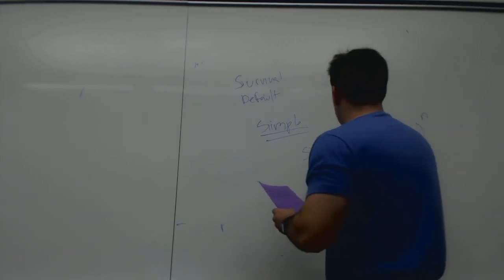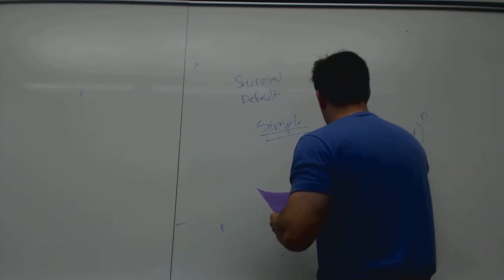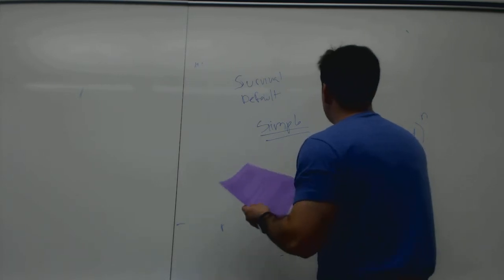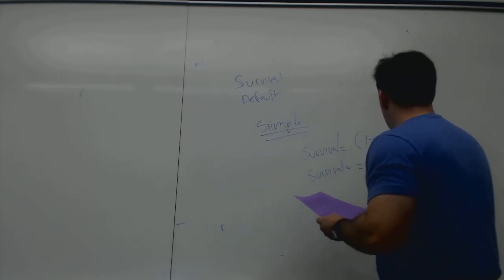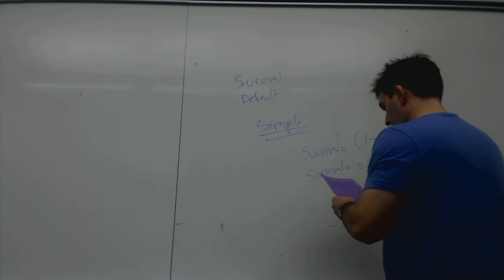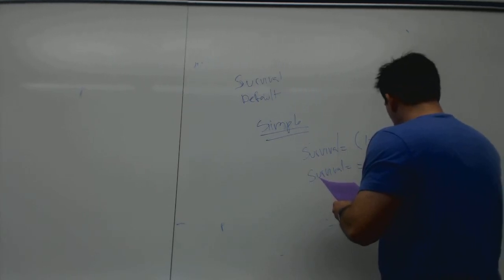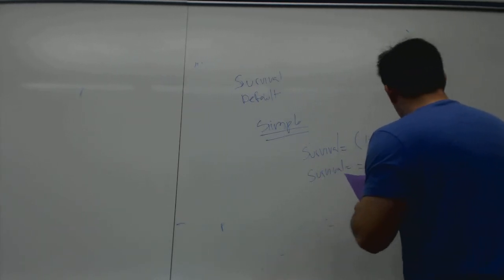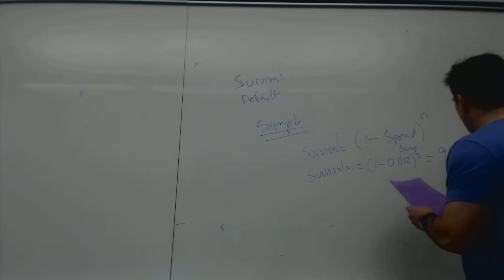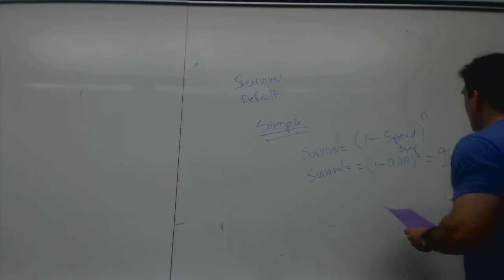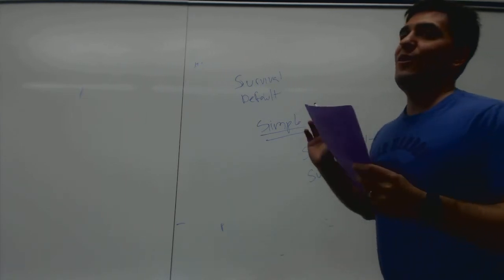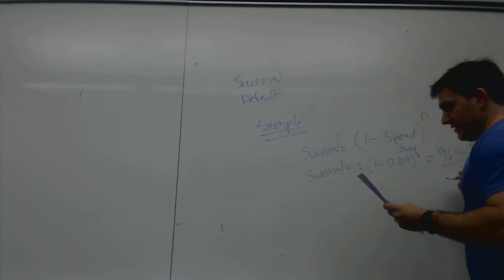So the probability of survival, approximately, is going to be 1 minus 0.012 to the 3. And that will give us 96.44%. And this, how do we get then the probability of default? 1 minus this.